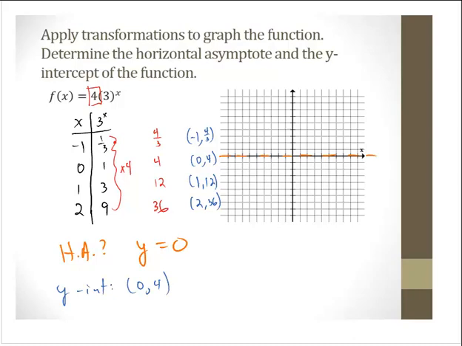Negative 1, 4/3, that's negative 1, 1 and 1/3. 0, 4. 1, 12 would be up here. And 2, 36 would be way off our grid. But it still has to have the same basic shape, so we know it's going to have this horizontal asymptote and then rapid increase. And so there's the graph of the function.